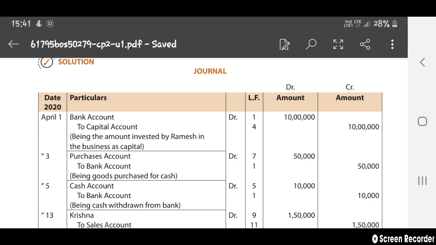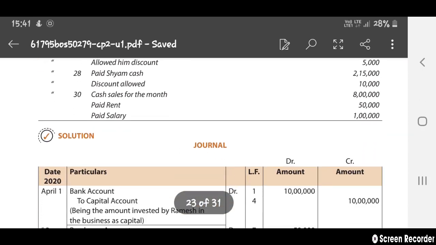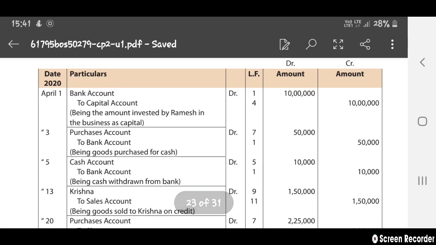After the 1st April journal, the next one is 3rd April, bought goods for cash. So purchase account to bank account, because goods were purchased for cash. Ledger is 7 for 1.